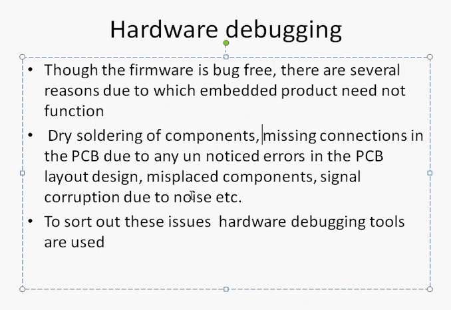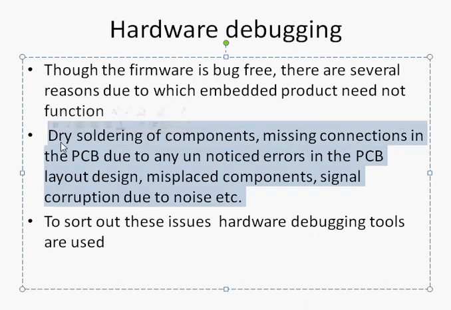So how can you identify this kind of issue? Dry soldering, a missing component or connection issue, or noise, all those things need to be addressed. So all these are issues for hardware debugging, due to which we need to use some debugging tools.